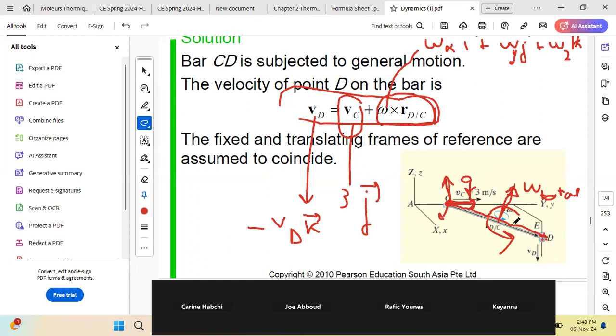The distance between C and D is fixed, so D is doing rotation about C. That's why you decoupled the translation and rotation. So now you are looking at the rotational effect of D about C. So at this instant, this omega total is perpendicular to CD.